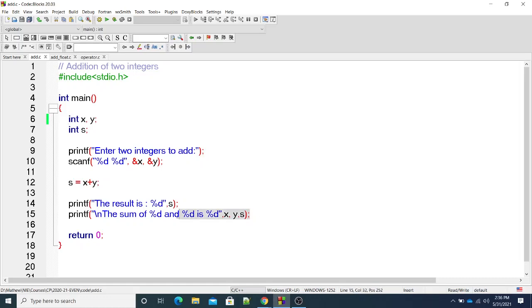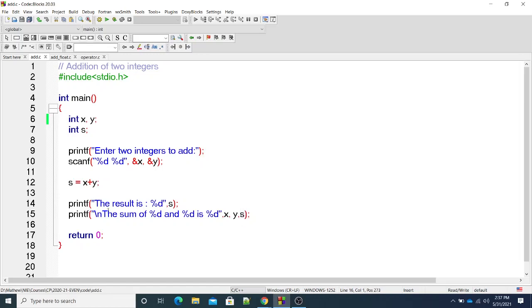So be very comfortable with this, and how we are printing: the sum of 10 and 15 is 25. How are we printing it? Three placeholders %d. The first number 10 will come here, the second number 15 will come here, and the result will come here. And the variable which stores 10, the variable which stores 15, then the variable which stores 25.